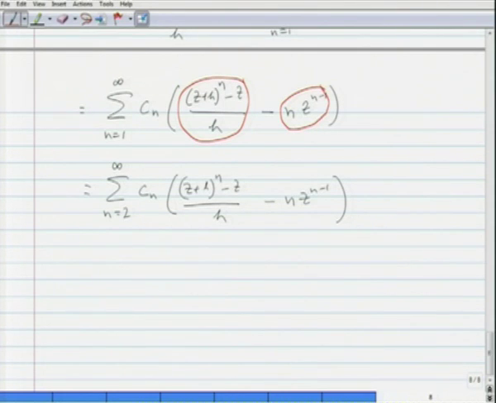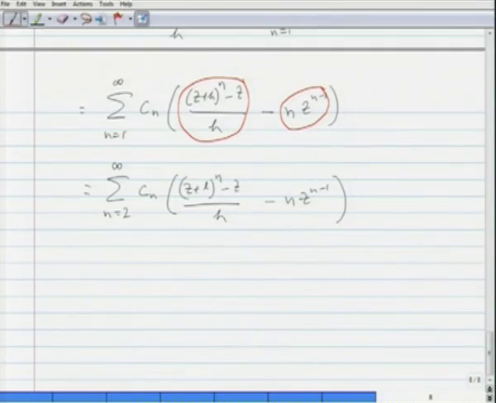So, this is 1 times z power 0, which is 1. So, 1 minus 1 is 0. So, the index n equals 1 does not really give me anything, it gives 0. So, I can start the index from n equals 2. We will use this later. So, we will store this estimate for the difference between the difference quotient of f and g of z.